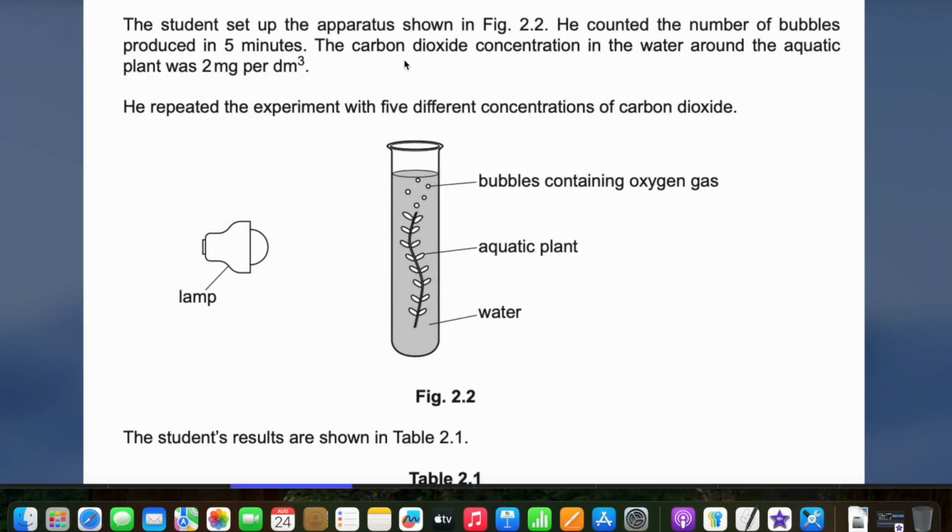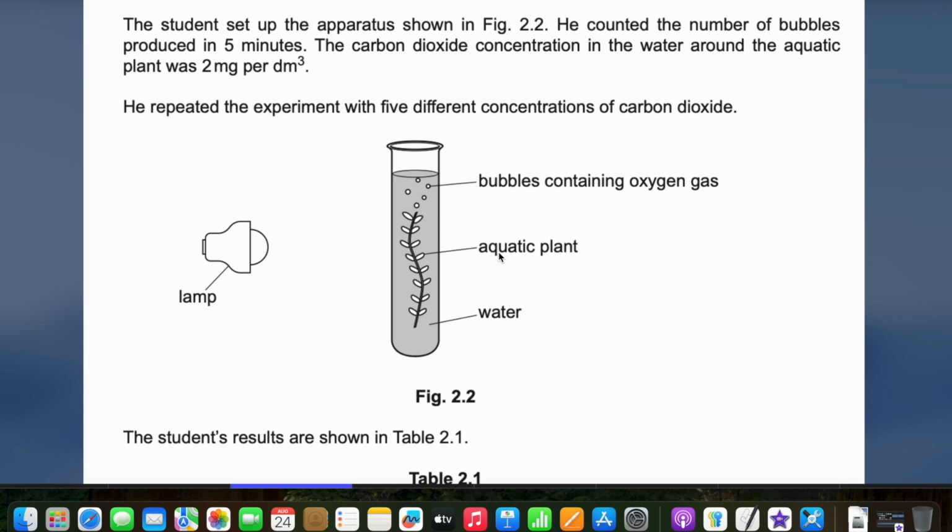Now have a look at the test tube. Here we have an aquatic plant, and we know that different kinds of plants produce different numbers of bubbles of oxygen because they have different rates of photosynthesis. So in order for this experiment to be fair, in each of these trials, student needs to use the same species or kind of plant.